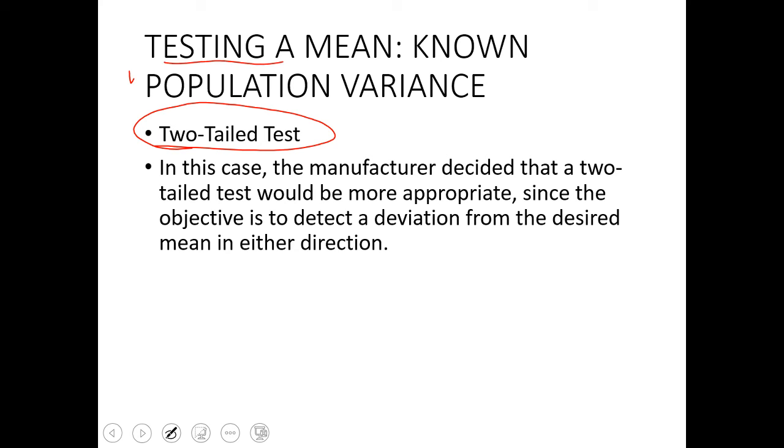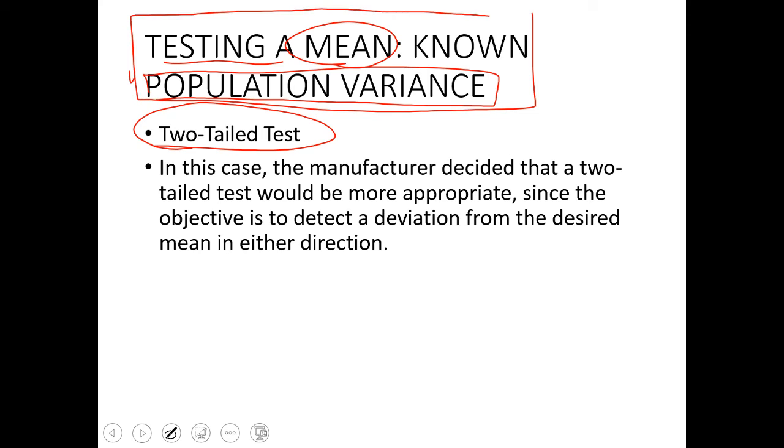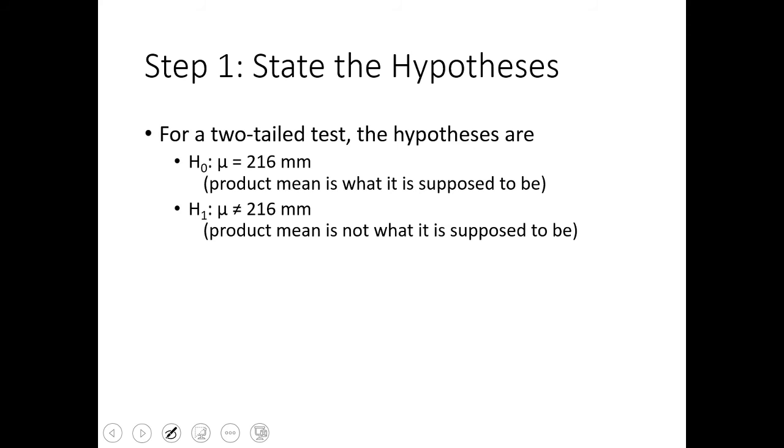We are testing the mean value, and the population variance is known, so the population standard deviation is also given. Under this condition, we will do the two-tailed test. The two-tailed test is a little different from the right-tailed test or left-tailed test. So let's study it based on an example.